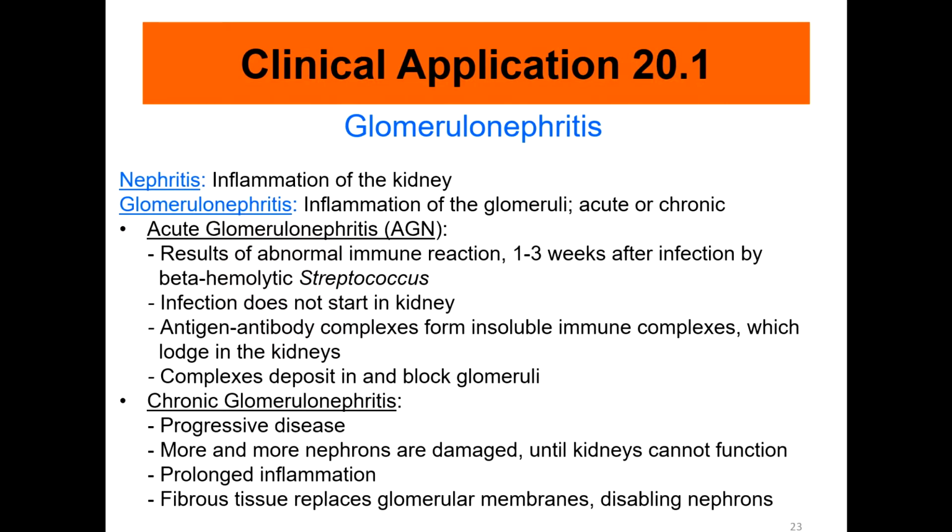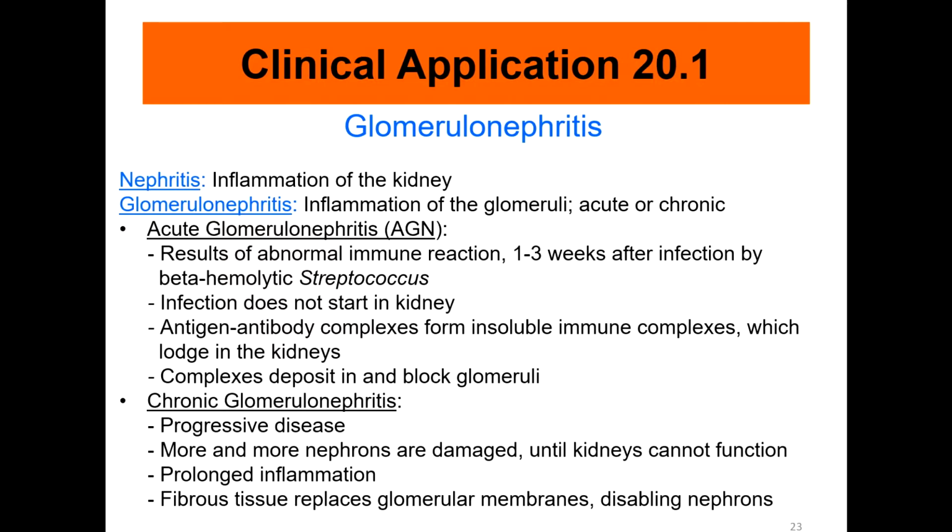You remember the glomerulus is not just a capillary bed, it acts as a filter for the blood. And these antigen antibody complexes will kind of lodge in the filter slits there and block them. So the complexes get deposited in and, yes, block the glomeruli.